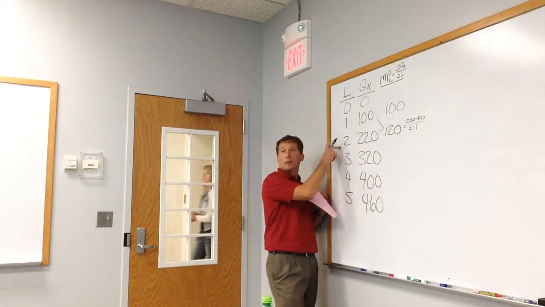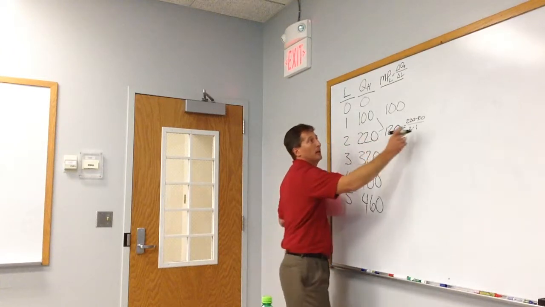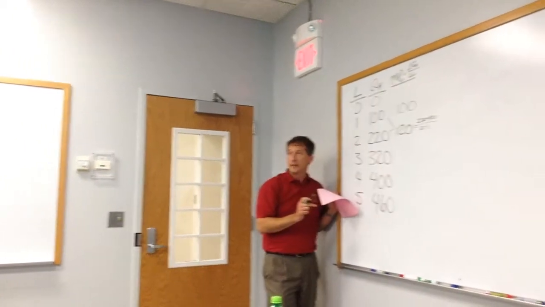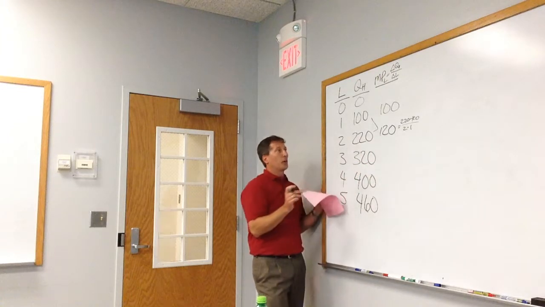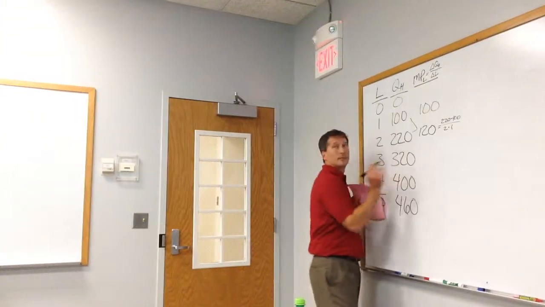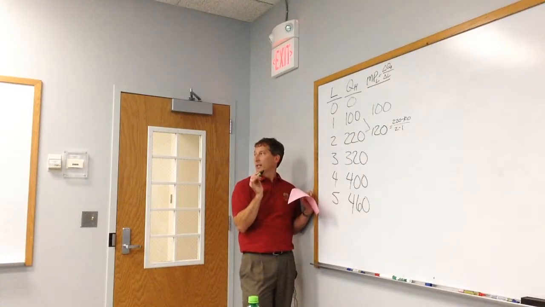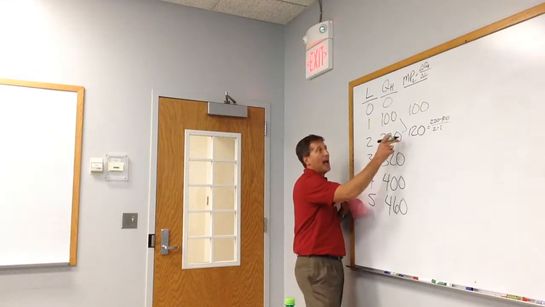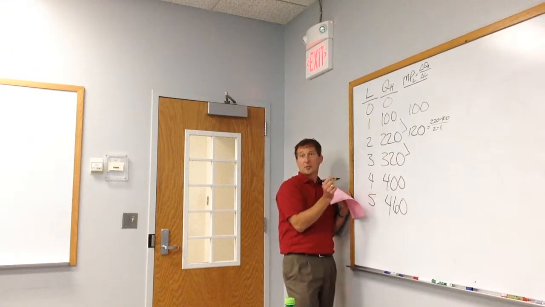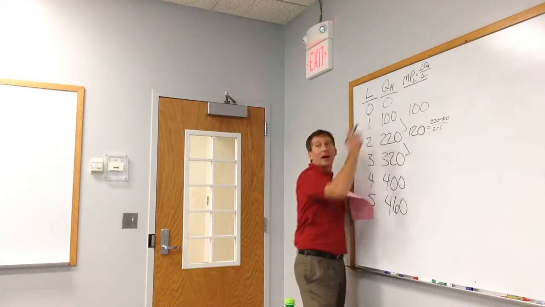But 2 minus 1 gives me my 120. Marginal product of the third worker, 33.33. No, 100, right. So the third worker adds 100, because we're doing marginal product.